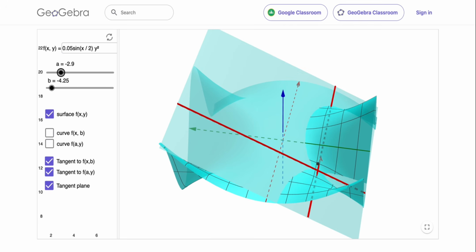Recall that this is the differential from single variable calculus, and you might have seen it written as dy equals f prime of x multiplied by dx. But if we're doing linear approximation, instead of a tiny change in x, it's an actual finite number.